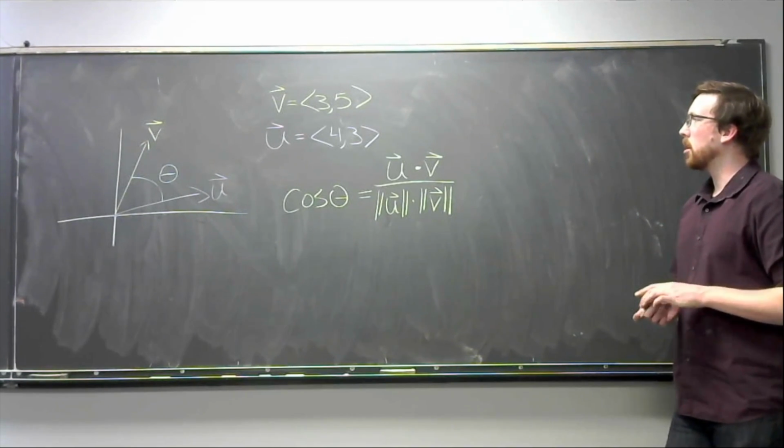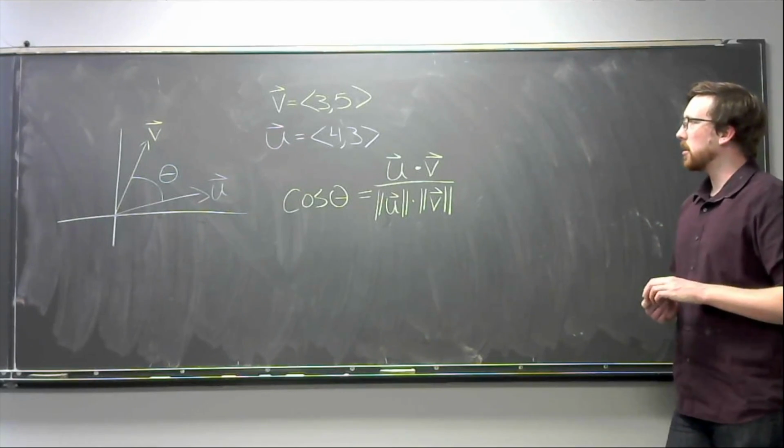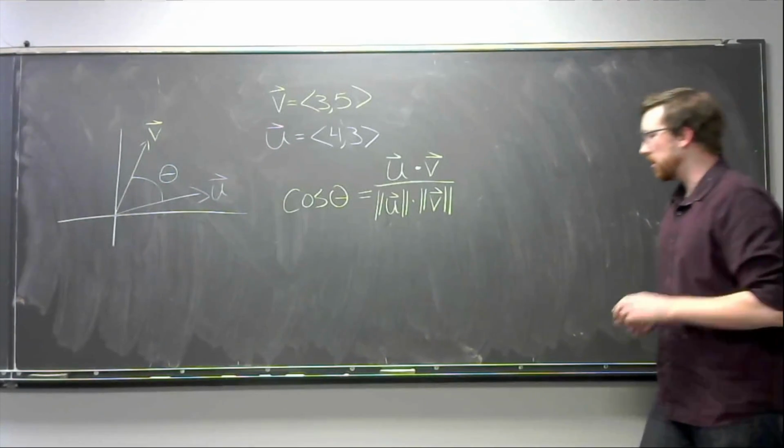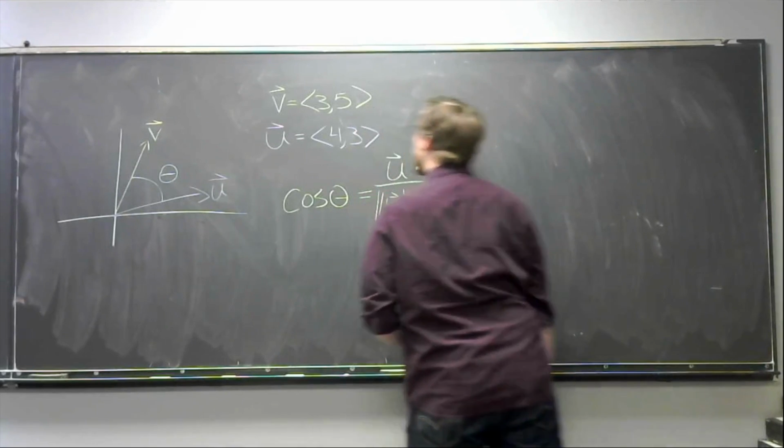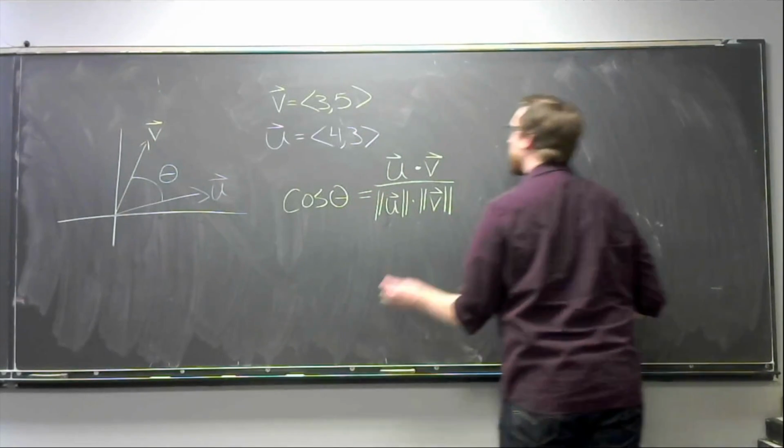Okay, so in this case, the dot product of the two vectors, we can figure out all of this pretty quick and easily, right?